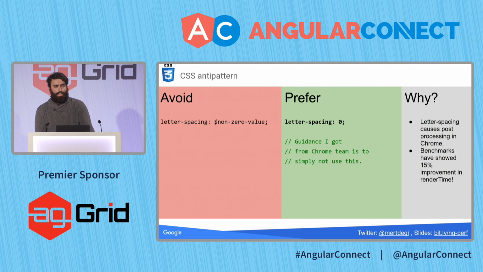And then we actively investigated that. I contacted the Chrome team, and they were like, oh yeah, that's just what happens. It turns out Chrome does some post-processing if you use letter spacing with a non-zero value. So it first draws it, and then tries to insert letter spacing. And we got a 15% improvement just by removing this.